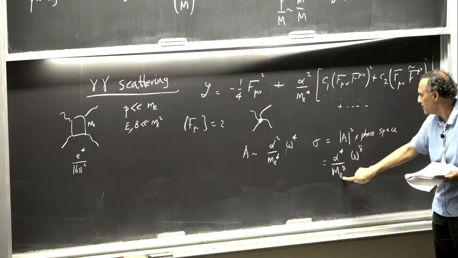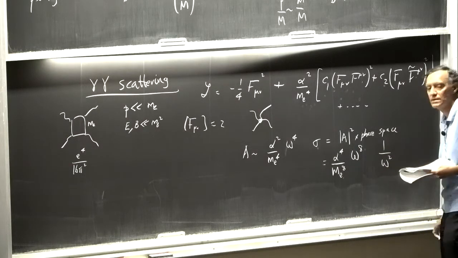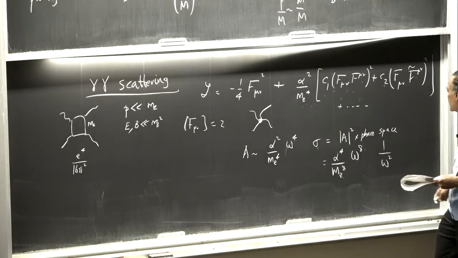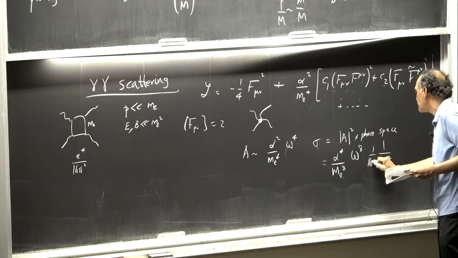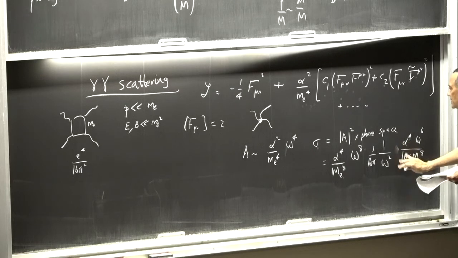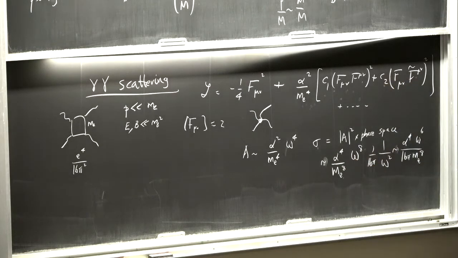It's 8 powers of mass over 8 powers of mass. So you have to get a 1 over omega squared from phase space. And as I said, I would discuss some of the 4 pi counting later. But the rule for 2-body phase space is you put a 1 over 16 pi, not a pi squared, just 1 pi. And so this is alpha fourth omega to the 6 over 16 pi m_e to the 8. This is a dimensional estimate.